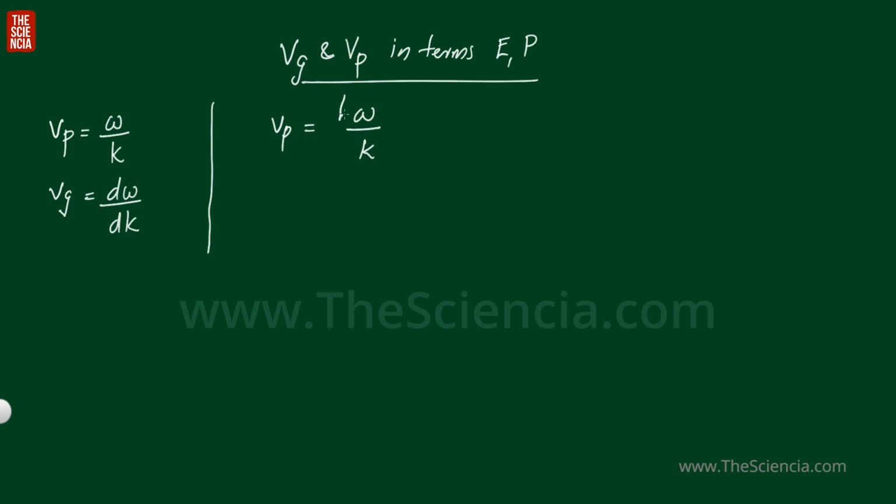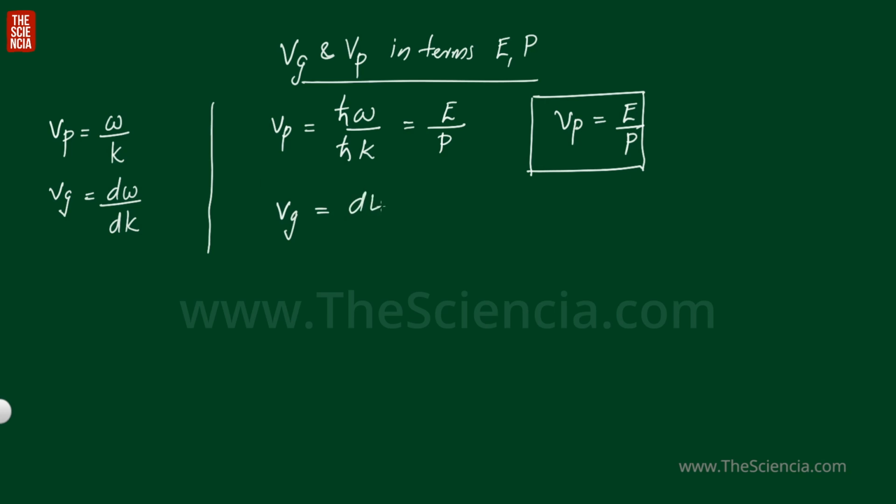Here I am multiplying with h cross and dividing by h cross. So this is h cross omega. H cross omega is nothing but energy E, and h cross k is nothing but momentum P. So we got the relation for Vp, that is equal to E by P. And similar to d omega by dk, we get Vg is equal to dE by dP.